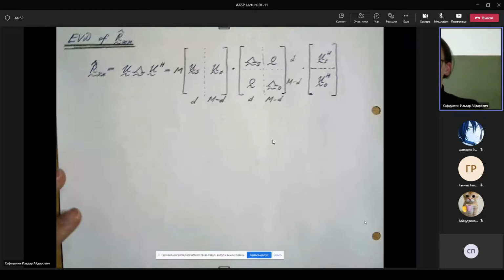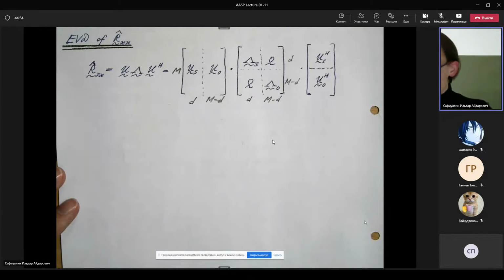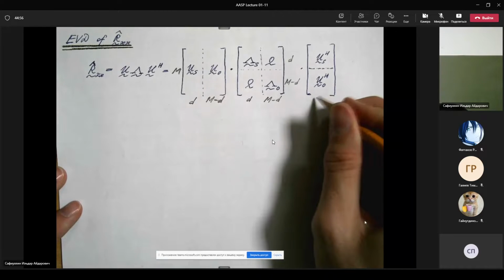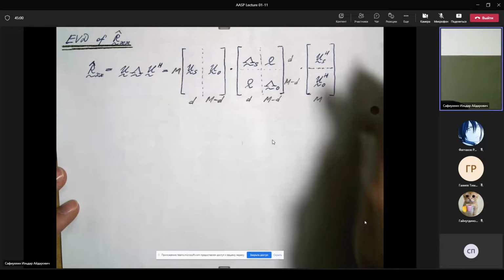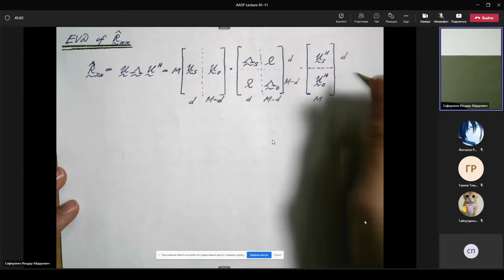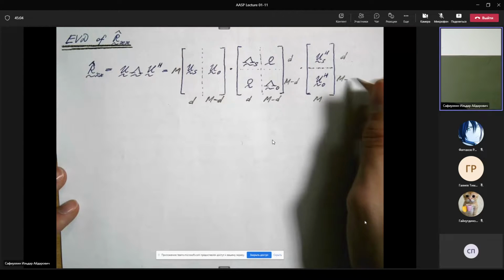They have the same number of columns equal to M, but the number of rows for U subscript s Hermitian is d, and for the second one, it is M minus d.